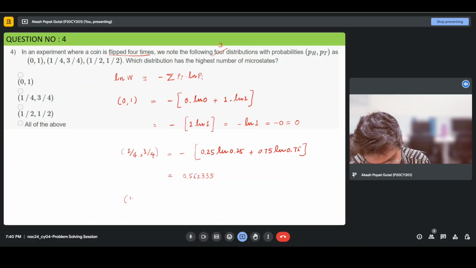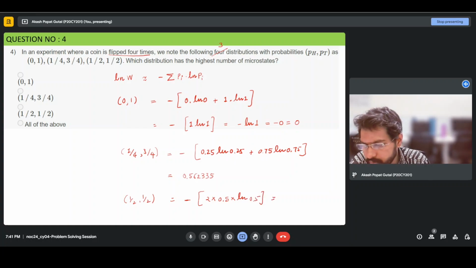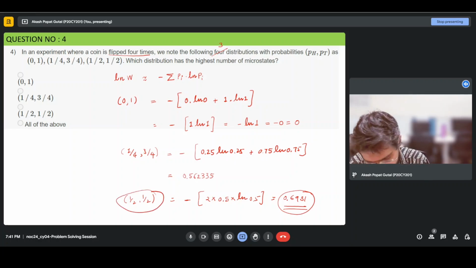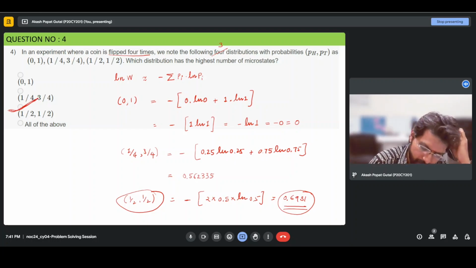And the third system is 1 by 2 and 1 by 2. Minus 2 into 1 by 2, which is 0.5, into ln 0.5. If we calculate it, 2 into 0.5 times the natural log of 0.5 will give you 0.6931. This is the highest, so this is the highest value, for 1 by 2, 1 by 2, option number 3. In a different way also you can solve.